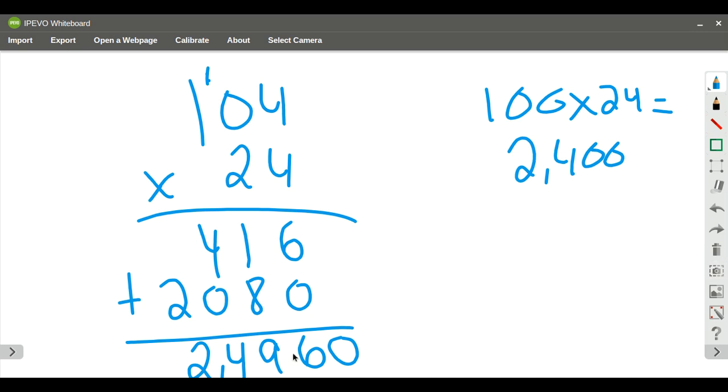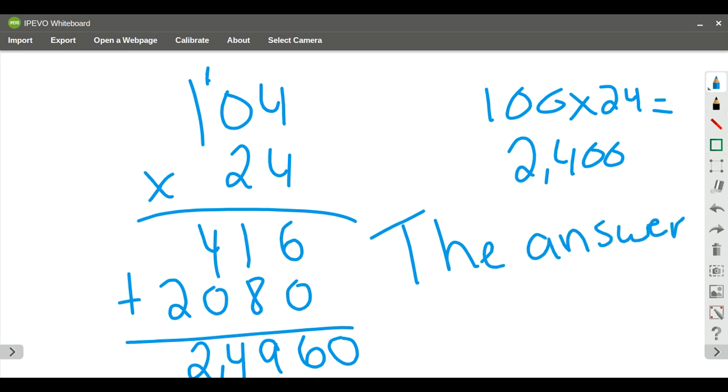When I do that comparison, that tells me, ooh, somewhere I made an error. So the point of estimating is to make sure that the answer makes sense. It's close to that original, your product is close to that estimate.